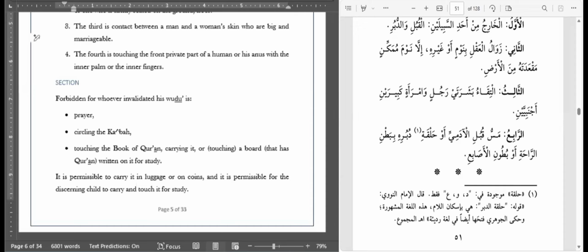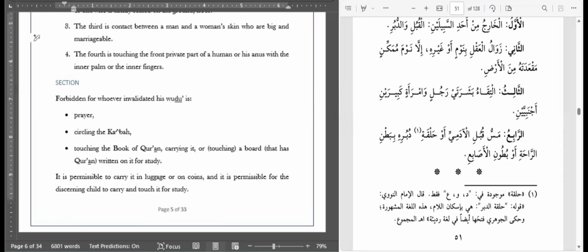Someone said brother, uncle, grandfather, father-in-law, son. No, because grandfather and father-in-law fall under one category.